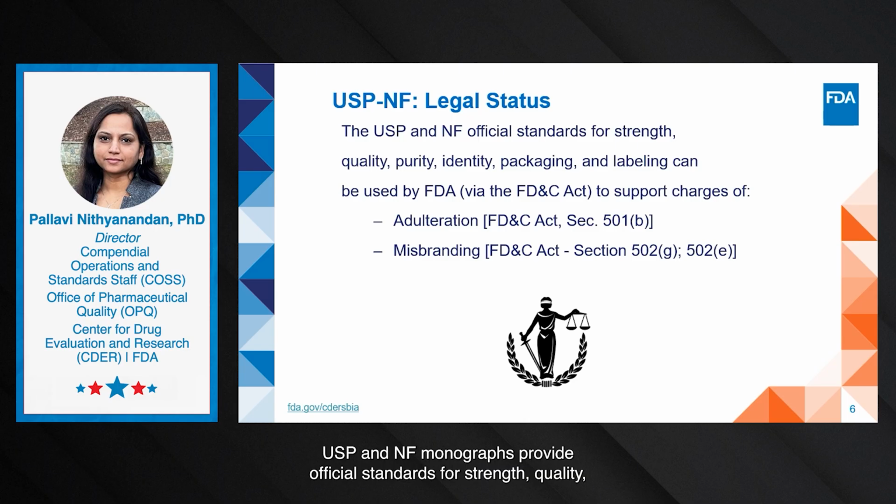USP and NF monographs provide official standards for strength, quality, purity, identity, packaging, and labeling, and can be used by the agency to support charges of adulteration per Section 501B and/or misbranding per Sections 502G and 502E.